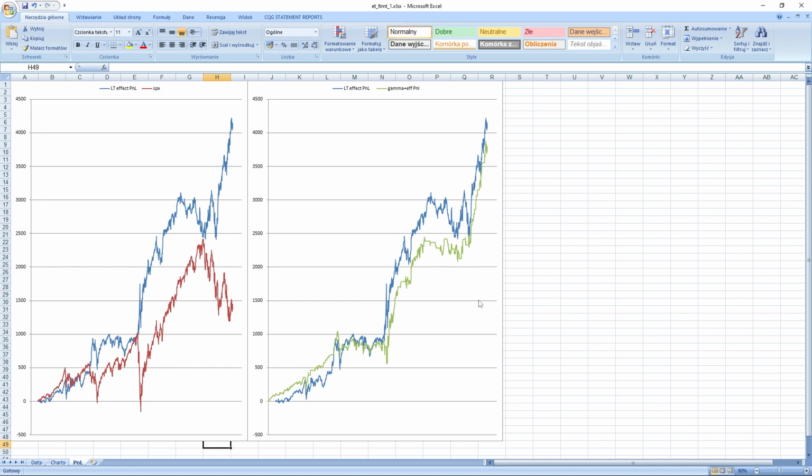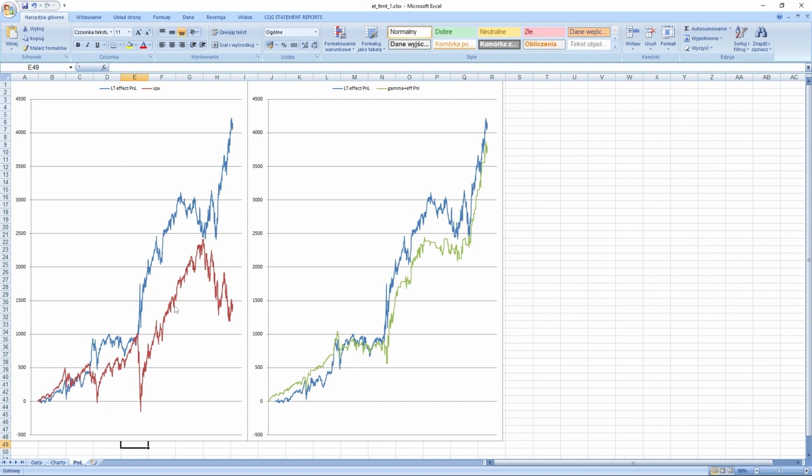So if you look at 5 years of data here, this is the P&L, and of course all the calculations are in the data, which I will get to later on.